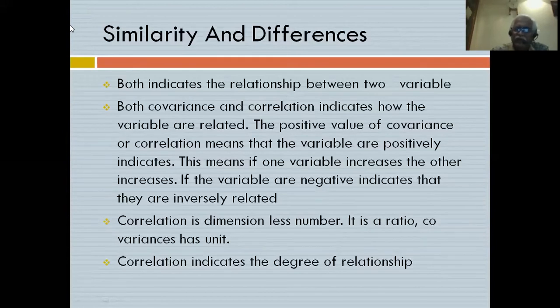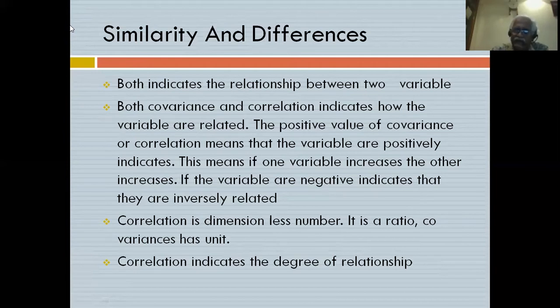Both covariance and correlation indicate how the variables are related. A positive value of covariance or correlation means that the variables are positively related. If one variable increases, the other increases. A negative value indicates that the variables are inversely related.